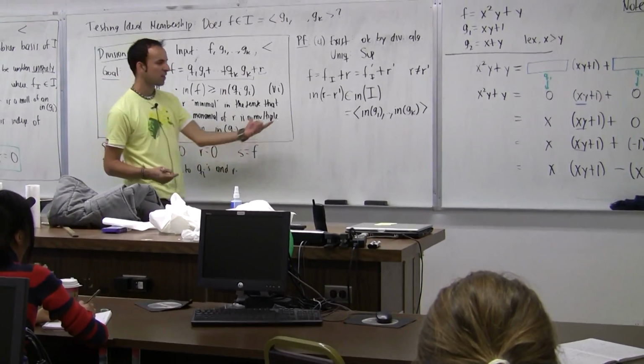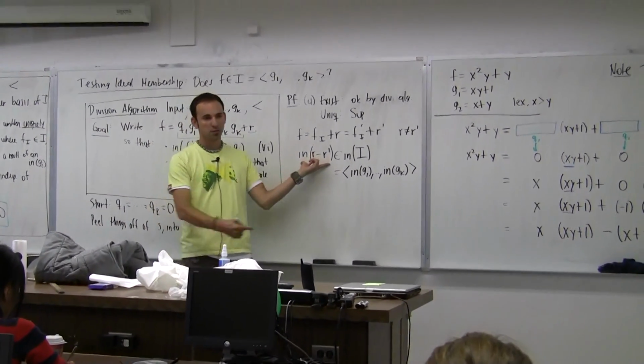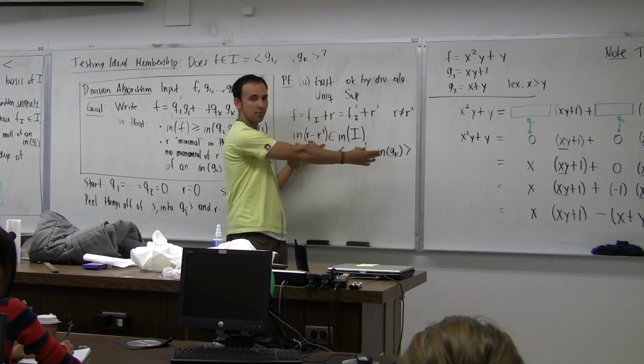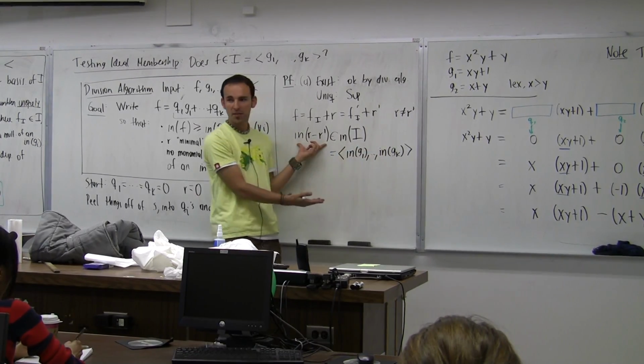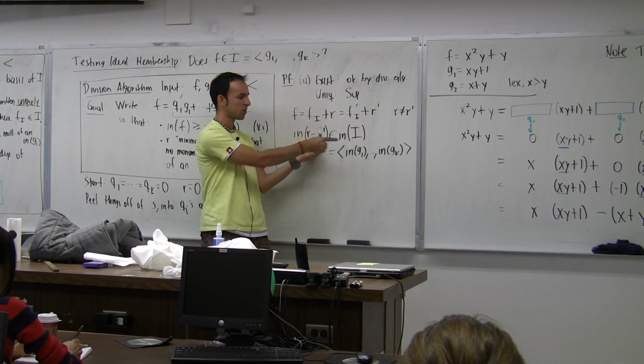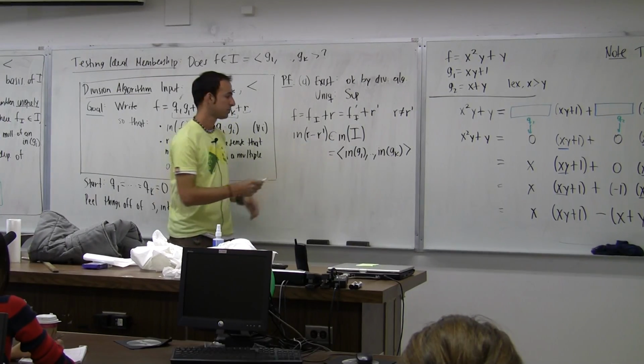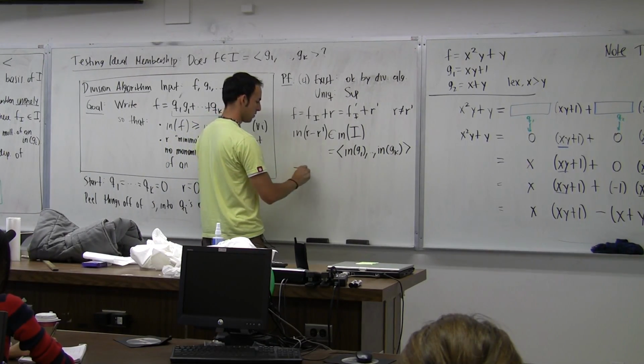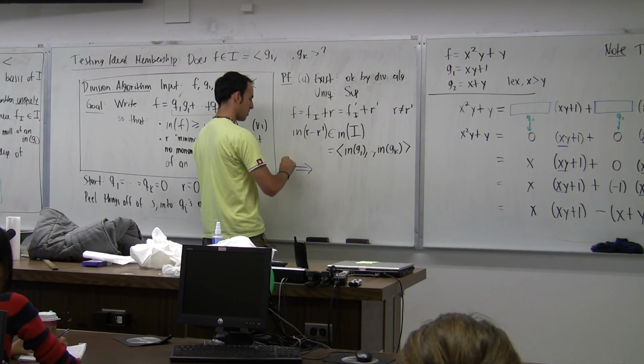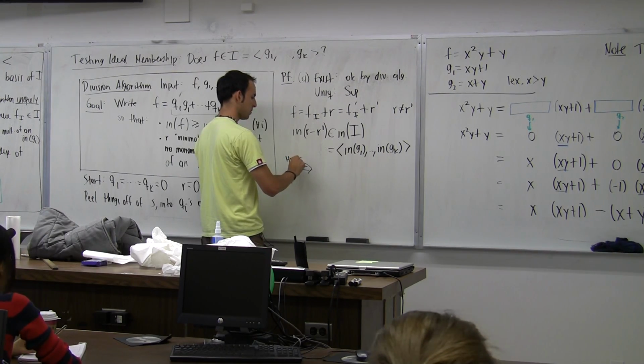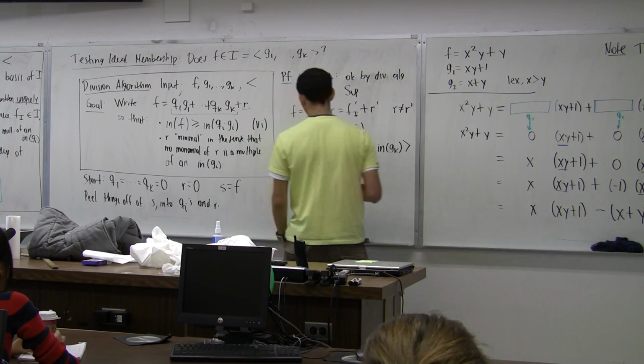In other words, what I'm saying is, this guy is a monomial. It's in the ideal generated by these monomials. The only way that's going to happen is if this guy is a multiple of one of these guys. And this is my homework 1, problem number 5, if you want to see a proof of this.